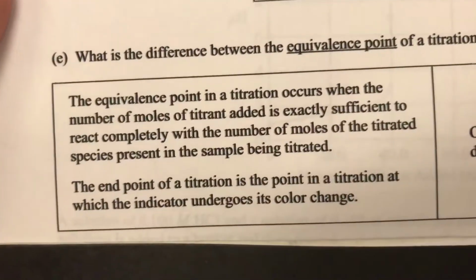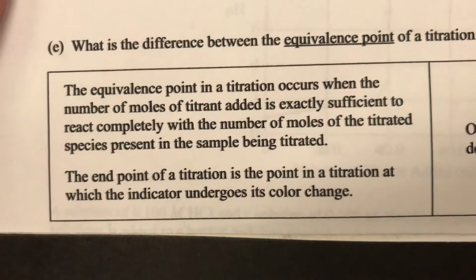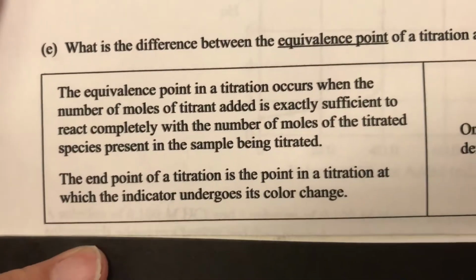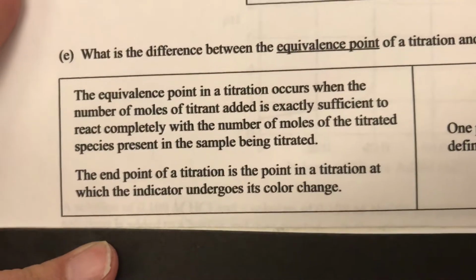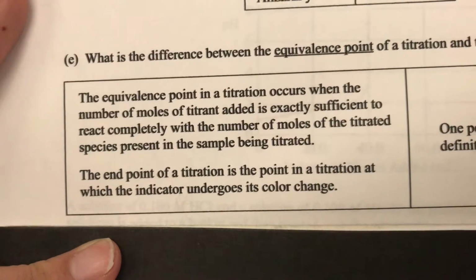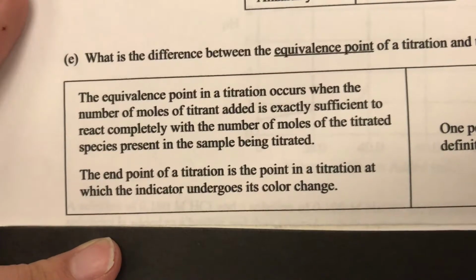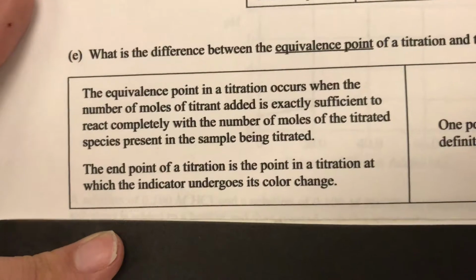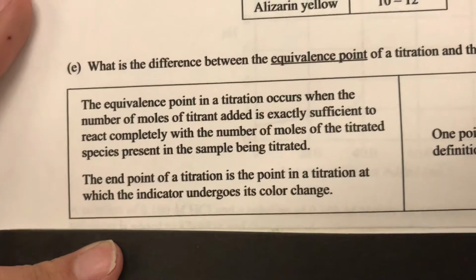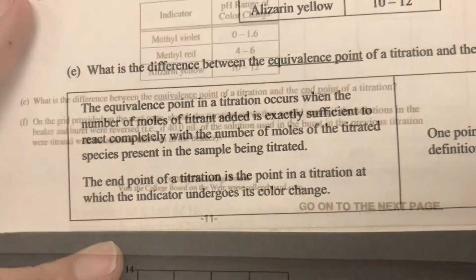The equivalence point in a titration occurs when the number of moles of a titrant added is exactly sufficient to react completely with the number of moles of the titrated species present in the sample being titrated. The end point of a titration is the point in the titration at which the indicator undergoes its color change.